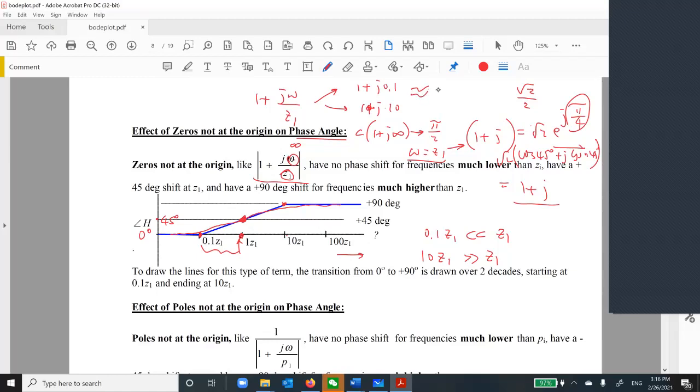This is approximated like 1, and this is approximated like 10j. So that's why you have this asymptotically 0, this phase angle is 0, and this phase angle is 90 degrees.